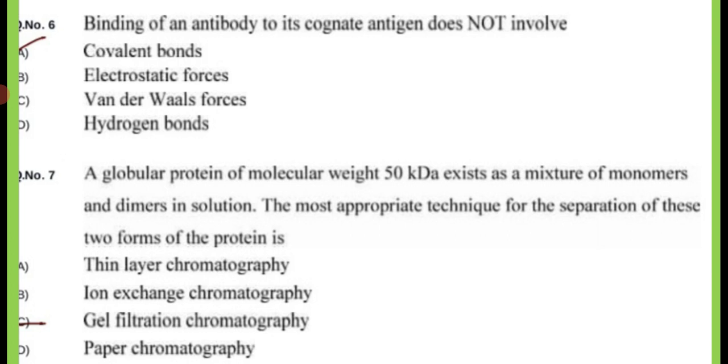The separation is achieved by using a porous matrix to which the molecules have different degrees of access. That is, smaller molecules have greater access and larger molecules are excluded from the matrix, and hence they elute first. So for separation of a globular protein, the technique used is gel filtration chromatography.